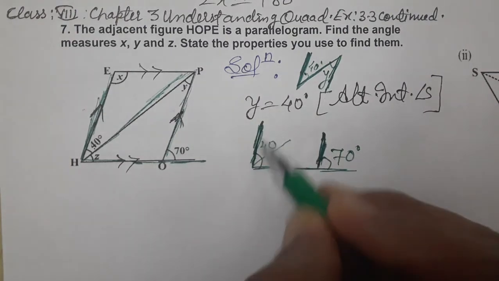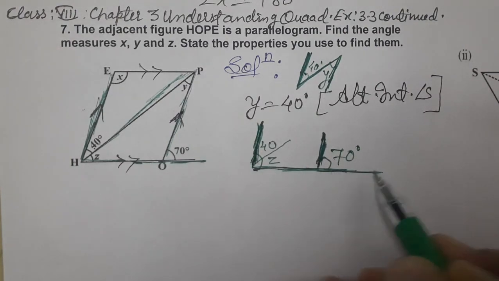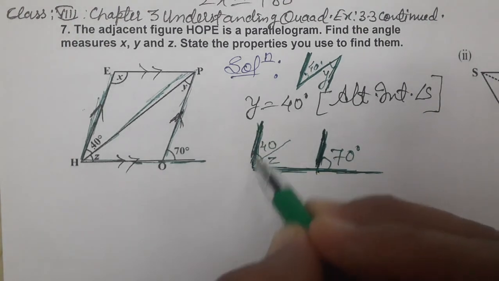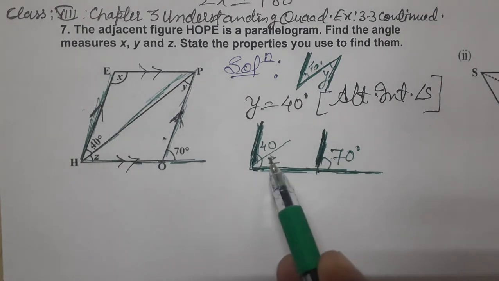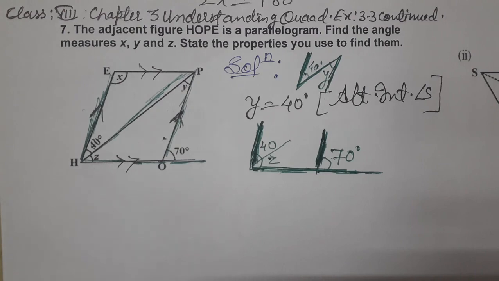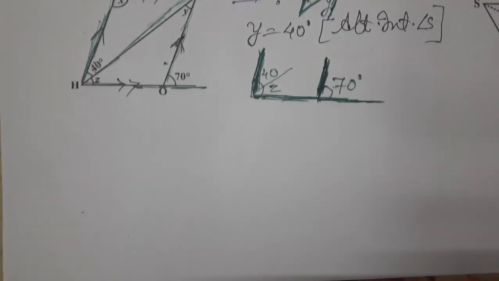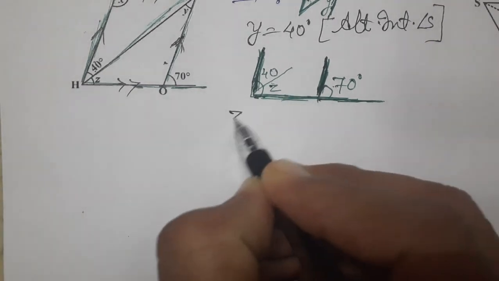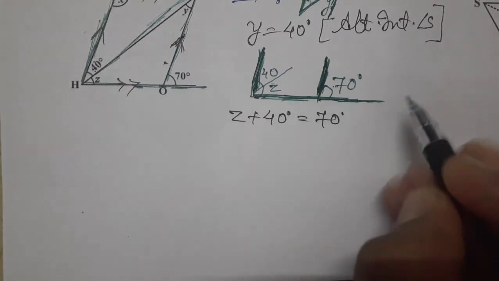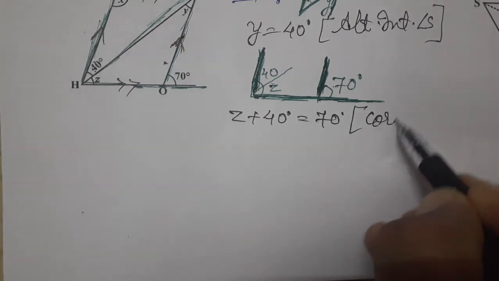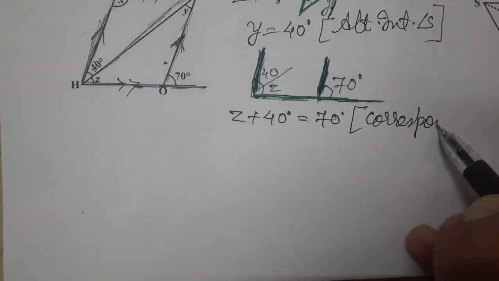So this is forming F. See, this is F or not? F stands for corresponding angles because lines are parallel. So lines are parallel, then the corresponding angles must be equal. Therefore, Z plus 40 equals 70 degree. And reason is corresponding angles.